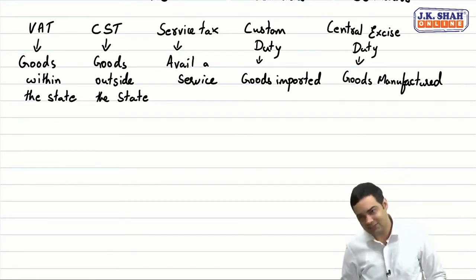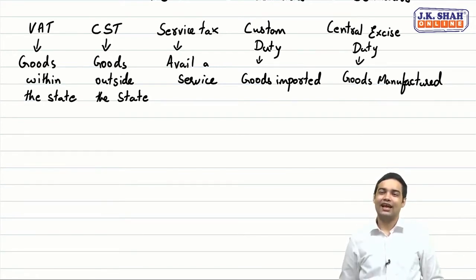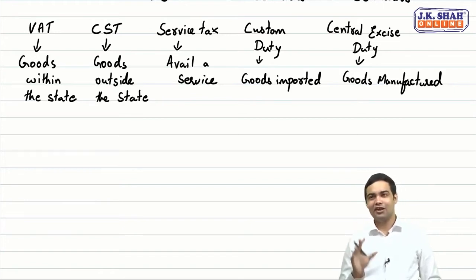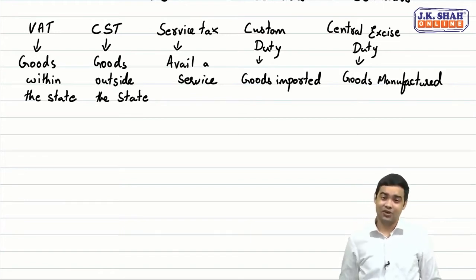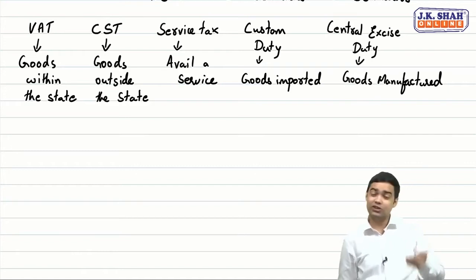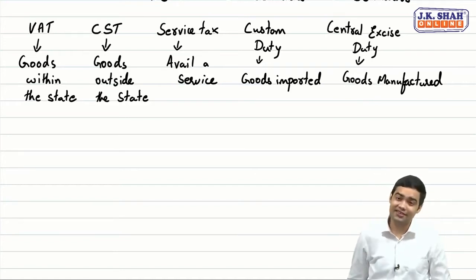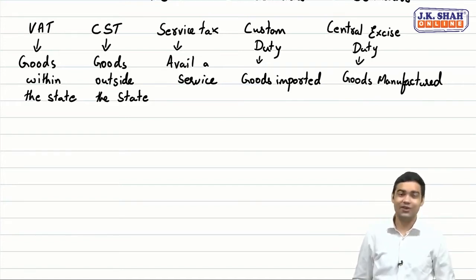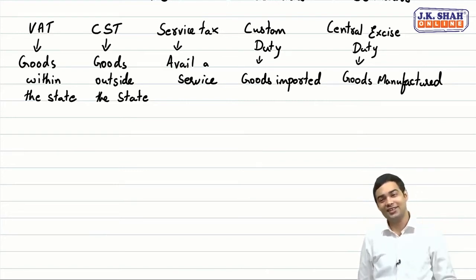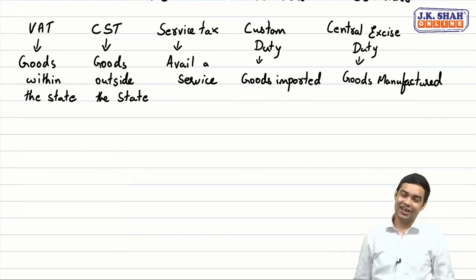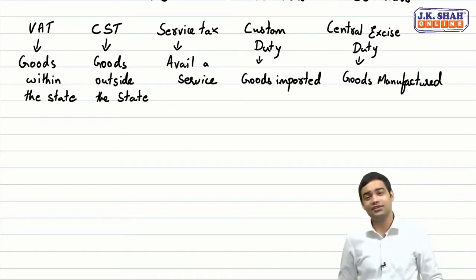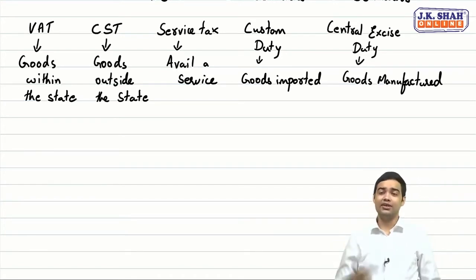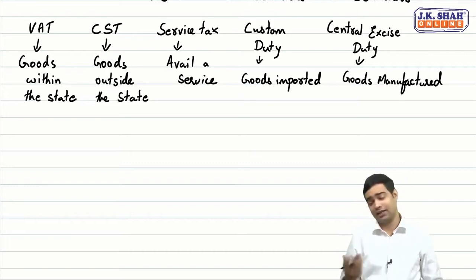He was a bit reluctant about the number of taxes on goods, because any goods purchased within the state are subject to VAT, any goods purchased from outside the state subject to CST, any goods imported or exported subject to custom duty, and any goods manufactured there is a levy of central excise duty. So there were multiple taxes which he had come across.